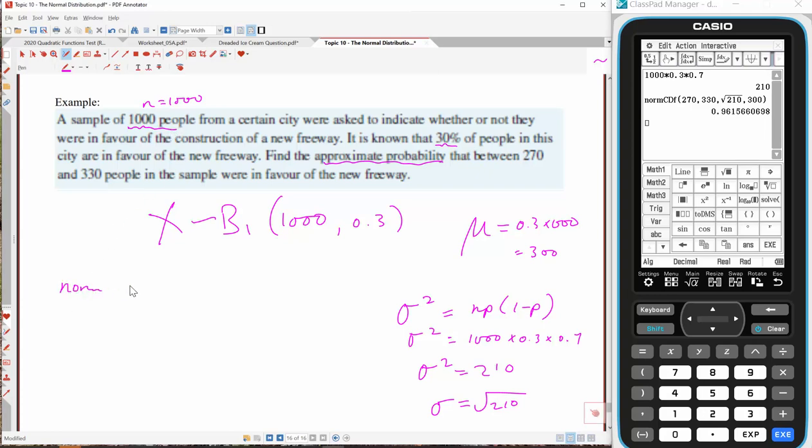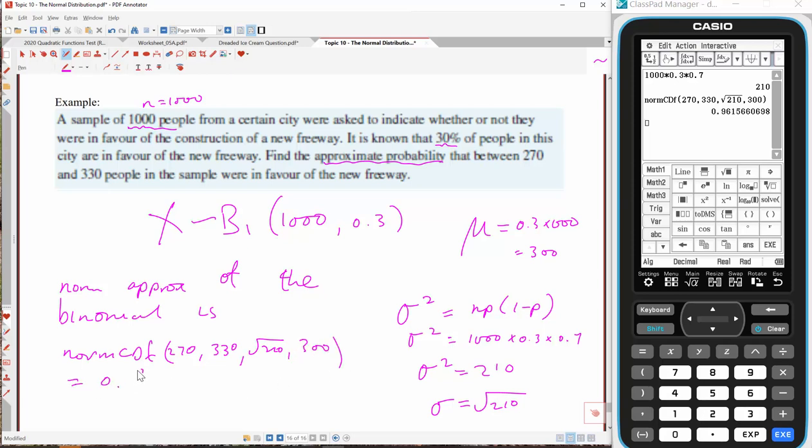So the normal approximation of the binomial is norm CDF 270, 330, square root of 210, 300, which gives 0.9615... So the approximate probability that it's between 270 and 330 is roughly that, according to the normal approximation of the binomial.